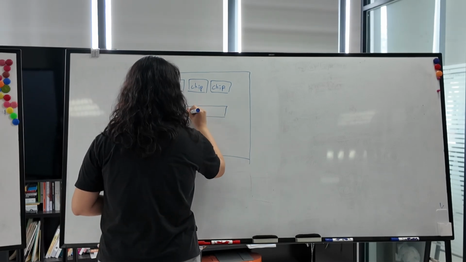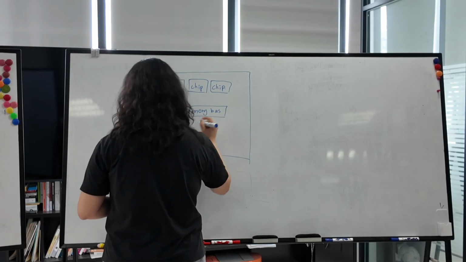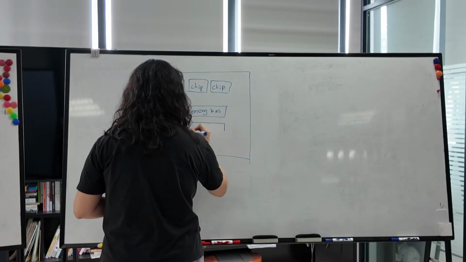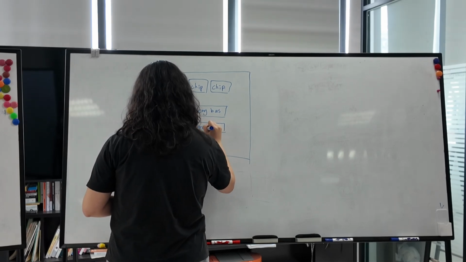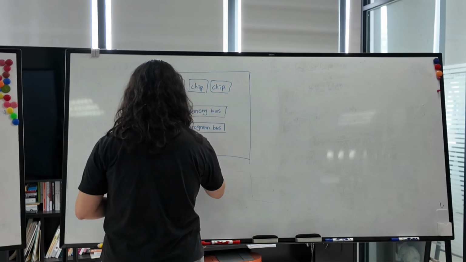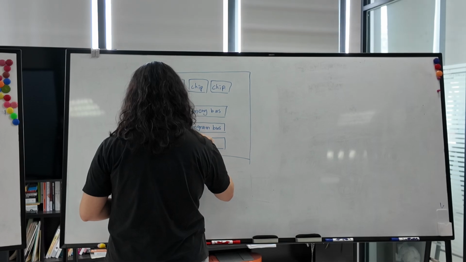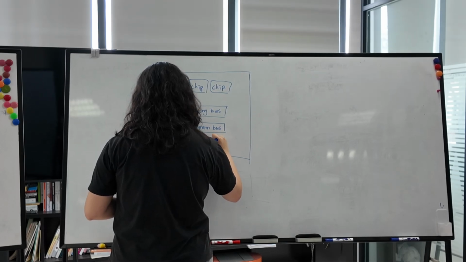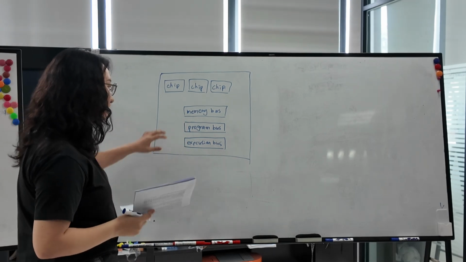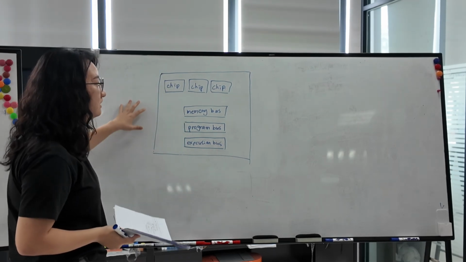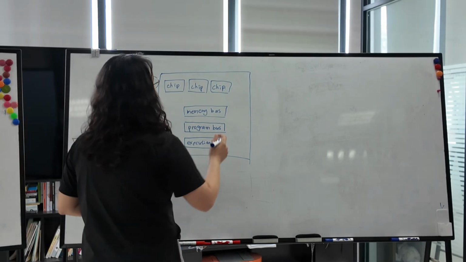Memory bus. So these are the 3 main components. And these are the main design that makes openVM itself to be CPU-less and also very modular.